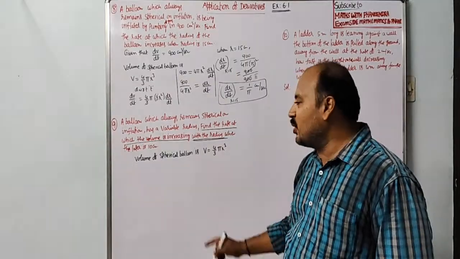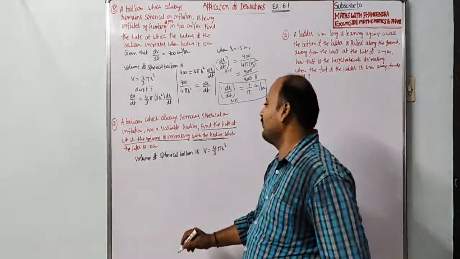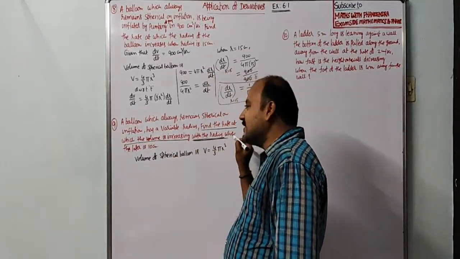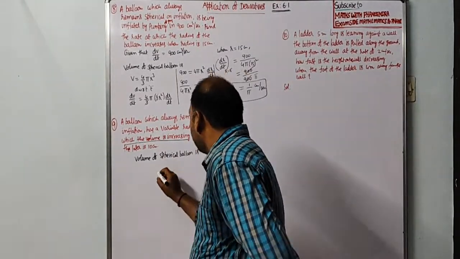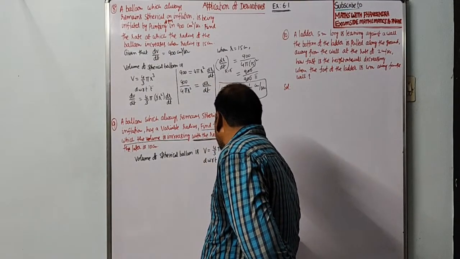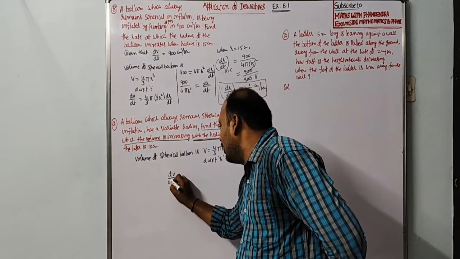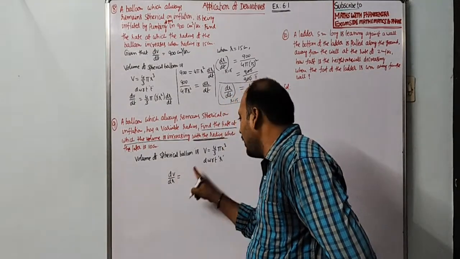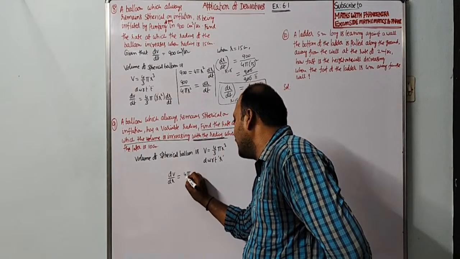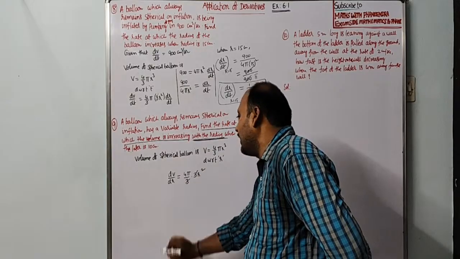So what we have to do to get the answer is differentiate with respect to r, not t. Why? Because increasing with the radius. So differentiate with respect to r. So dv by dr is equal to, with respect to r we are doing 4 pi by 3 is constant. r cube derivative is 3r square. That's all. 3 get cancelled.